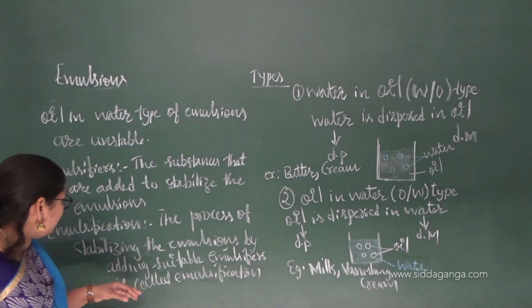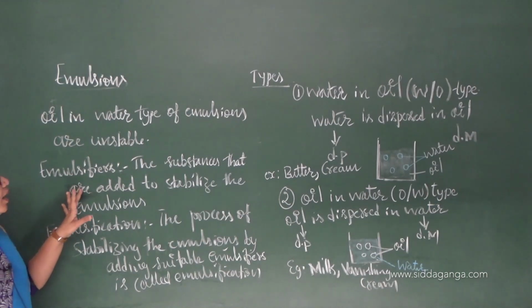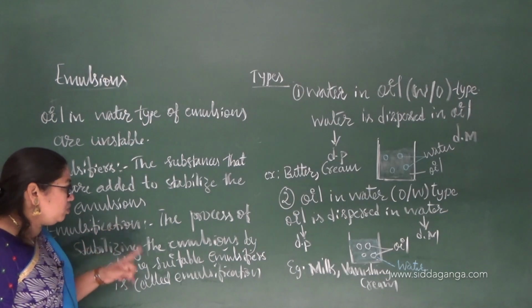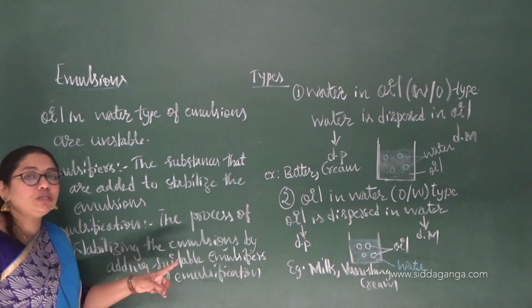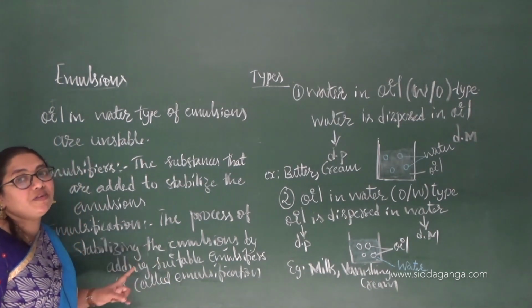So what I said, emulsifiers are the substances added to stabilize the emulsions, and the process of stabilizing the emulsions by adding emulsifiers is called emulsification.